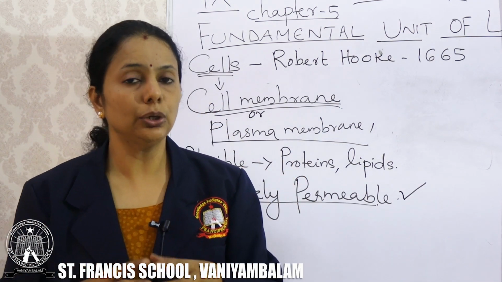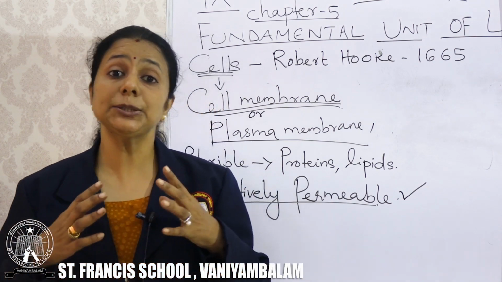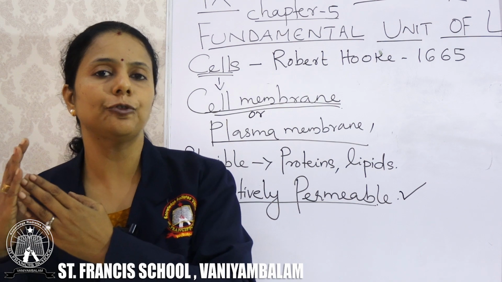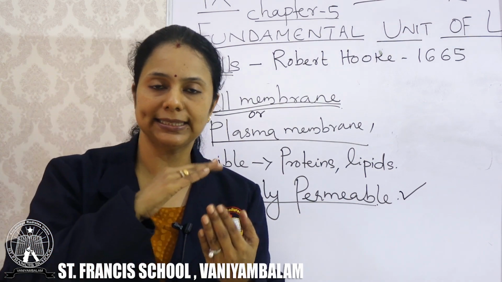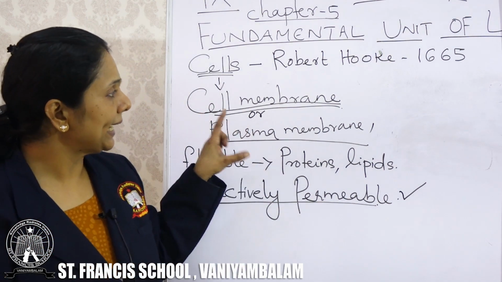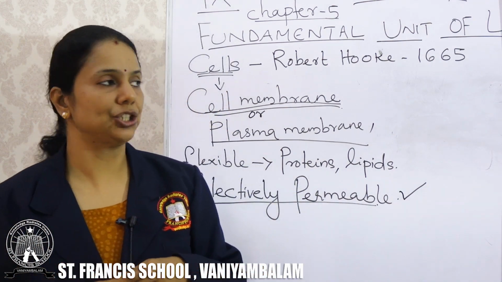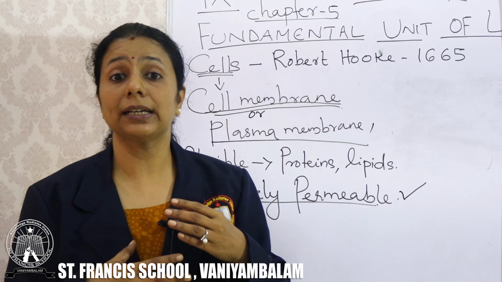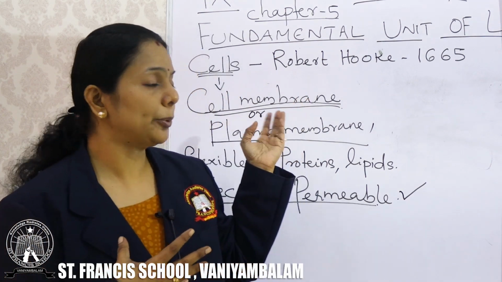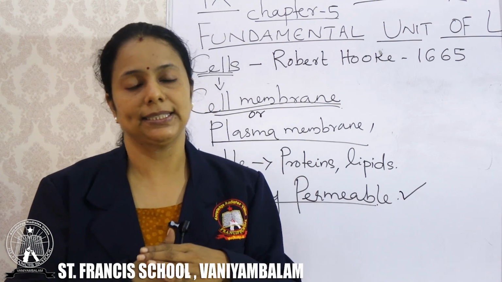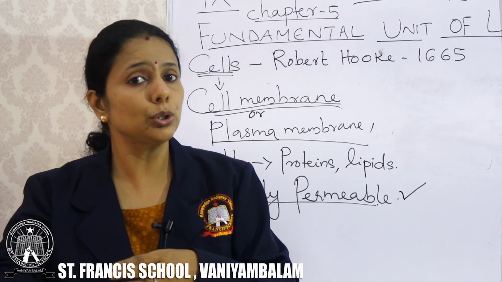Okay, as I told you, the function of the plasma membrane is protection of the cell. So it prevents these harmful substances from entering into the cell. Like that, inside the cell some excretory wastes are produced. During excretion, some waste materials like carbon dioxide are also produced inside the cell. So these waste substances should be released out of the cell.